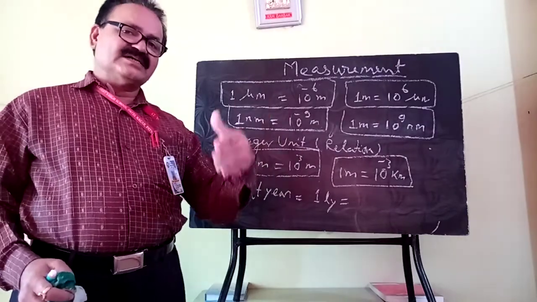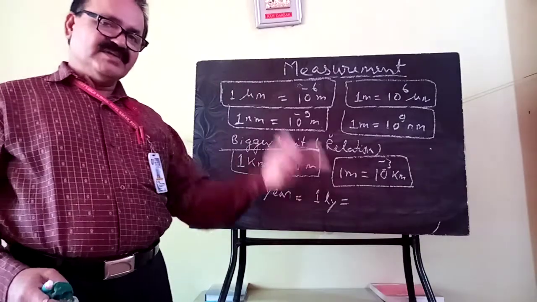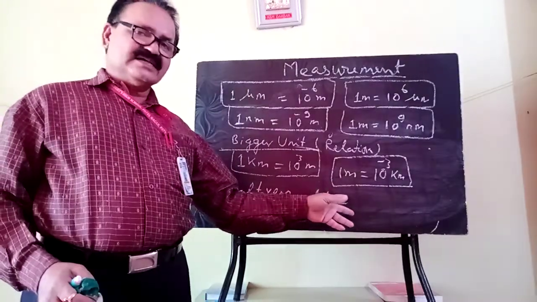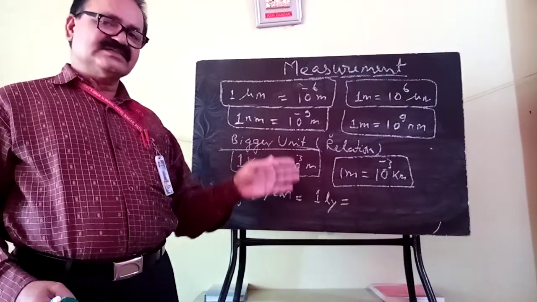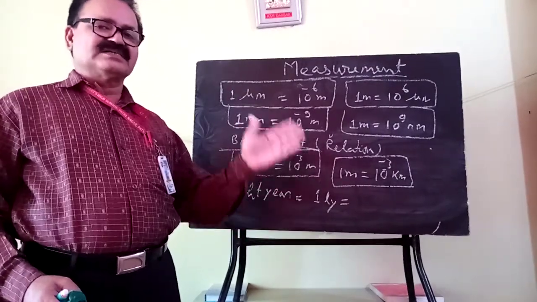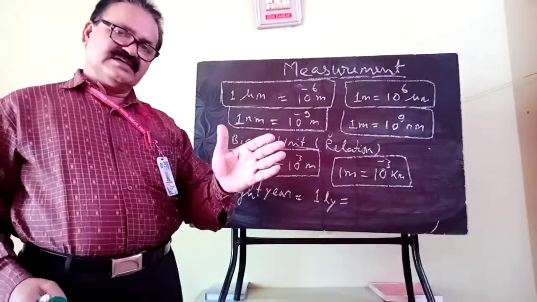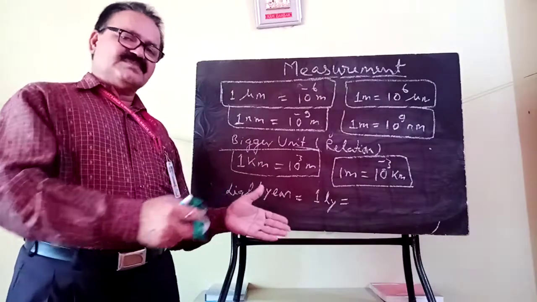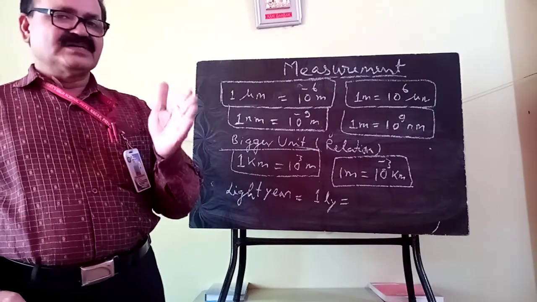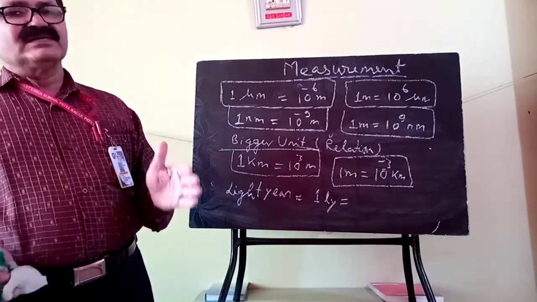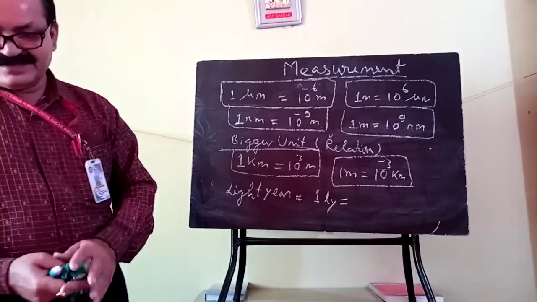And then you have to multiply with the speed of light, which is 3 into 10 to the power 8 meter per second. So after that you will get the total length of 1 light year in meter.